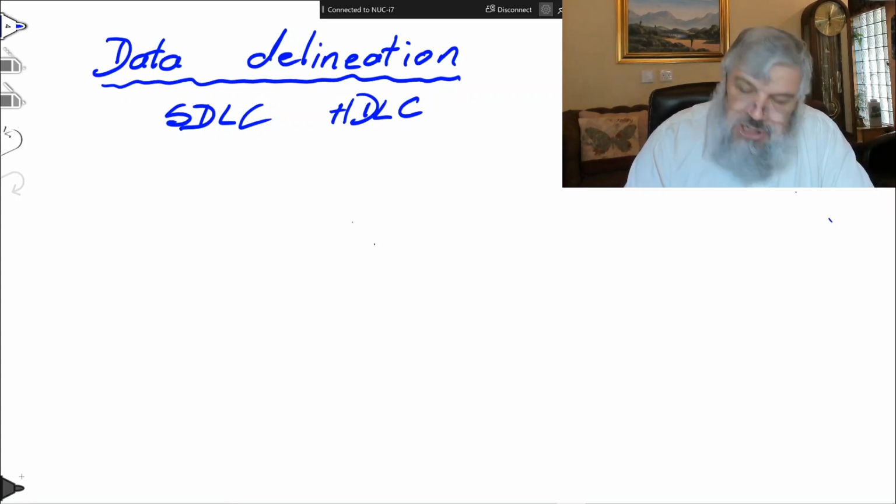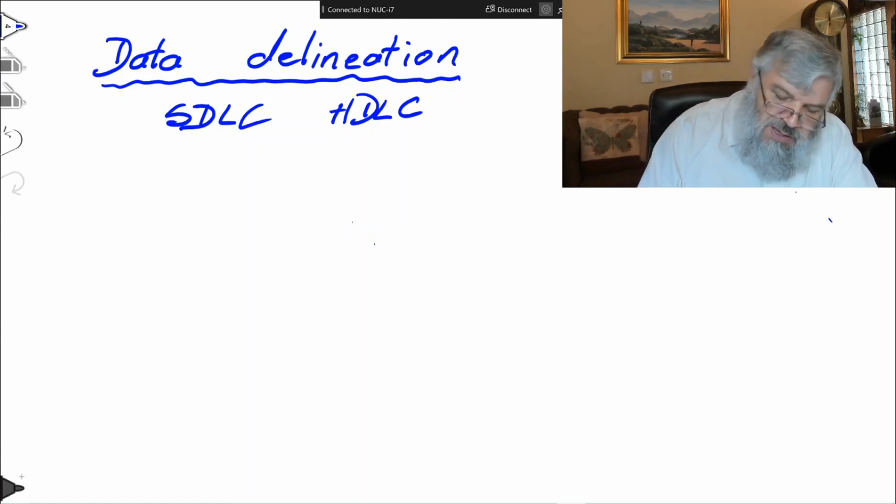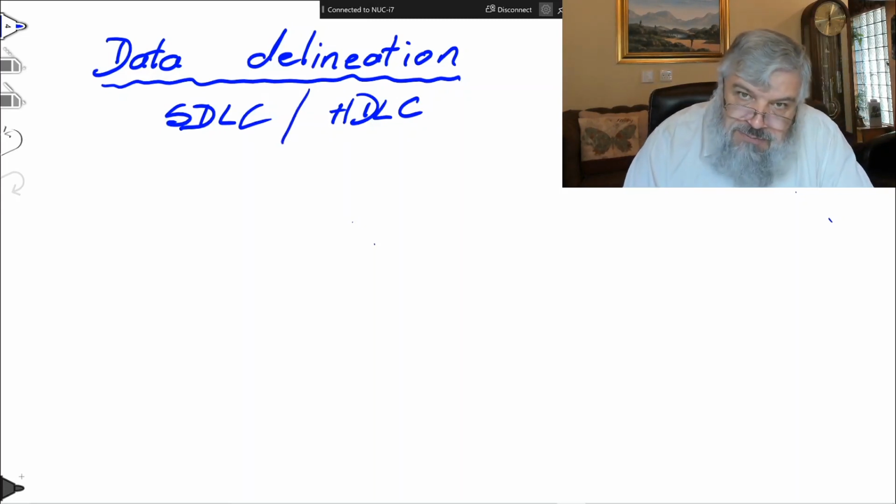In defining HDLC, they added a couple of features and they removed a couple of features, but none of that's really important for our purposes, so we can deem them to be the same protocol for the purpose of this discussion.